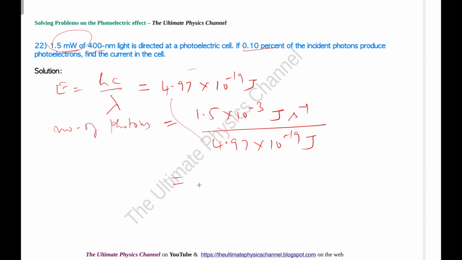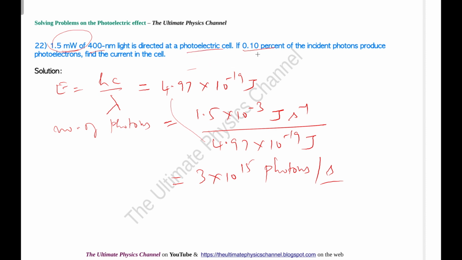If you work this out, you would get about 3 into 10 power 15 photons every second. That is the number of photons being incident on the photoelectric cell.